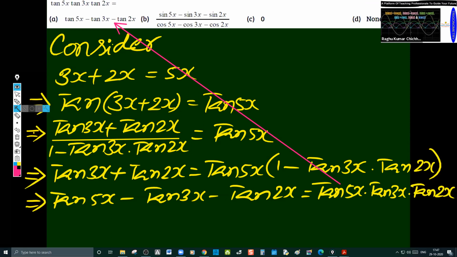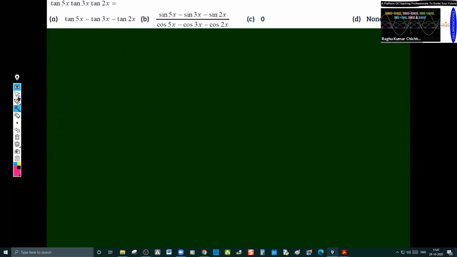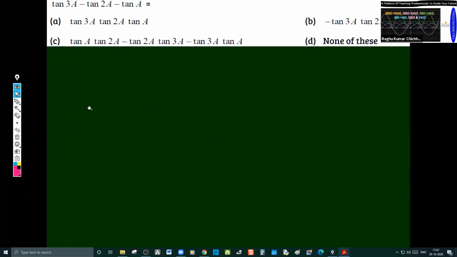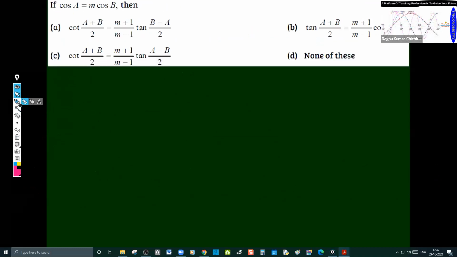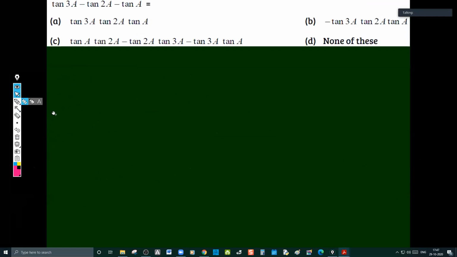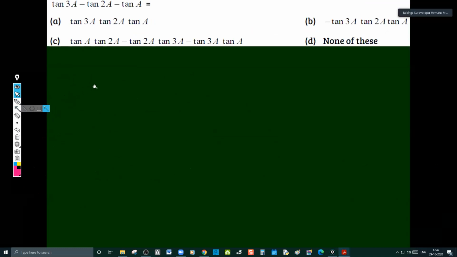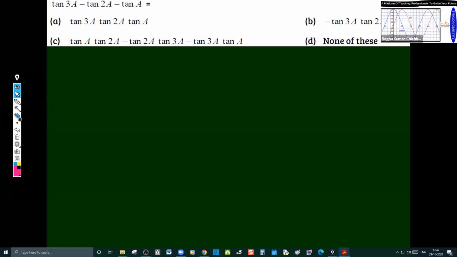If I remember well, I have taken a numerical problem, maybe next. This is also a similar type. Do you answer this, any one of you? That's minus tan 3A tan 2A tan A. That's it. Which option? A, sir.